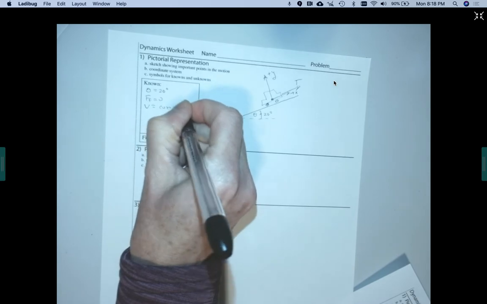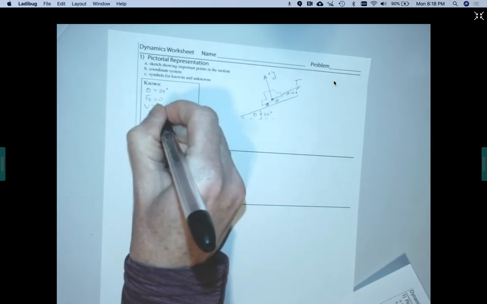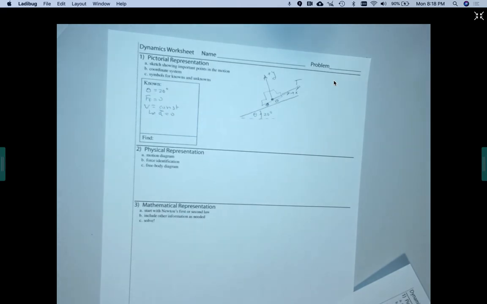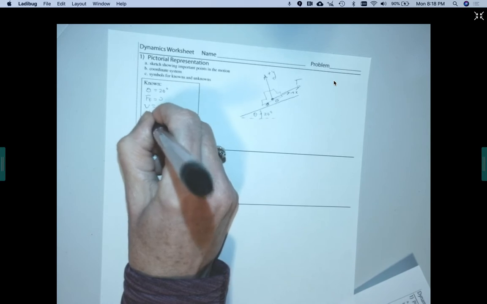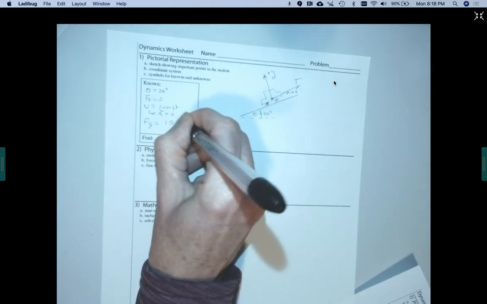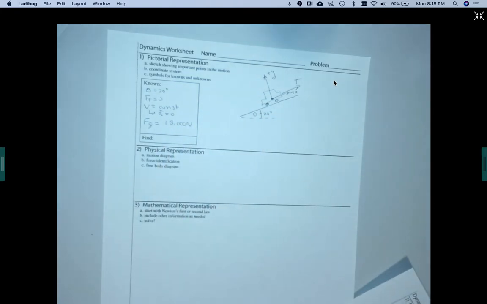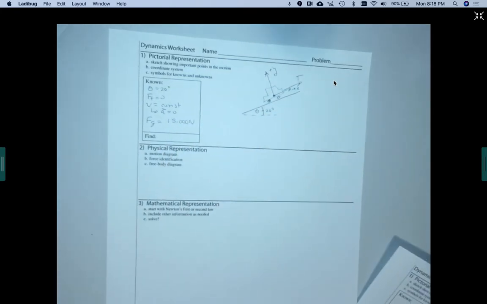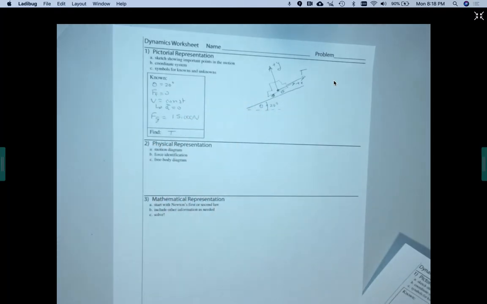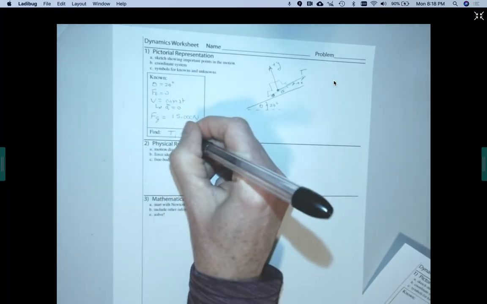So velocity is constant. That means our acceleration is 0. So that's a biggie. And we know the weight of the car, so the force of gravity on the car is 15,000 newtons. And basically what we need to solve for is the tension. And then we're going to compare that to the max it can hold.